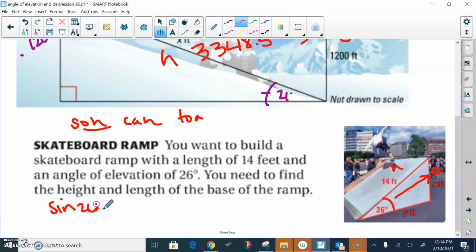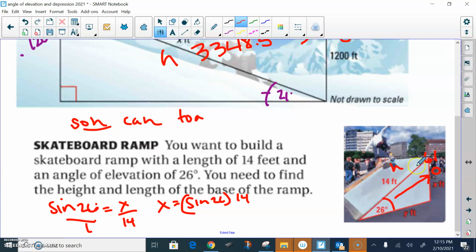Sine of 26 degrees equals opposite over hypotenuse. We're going to cross multiply. So I'm going to punch in my calculator, sine of 26 times 14. And it looks like the height of our ramp is going to be about 6.1 feet.